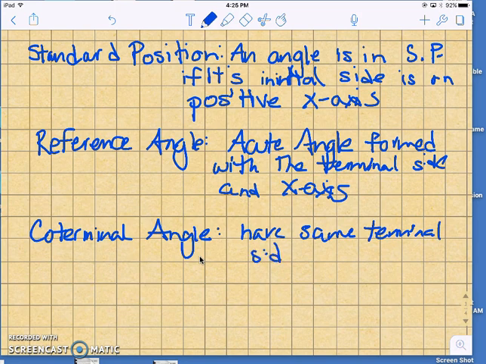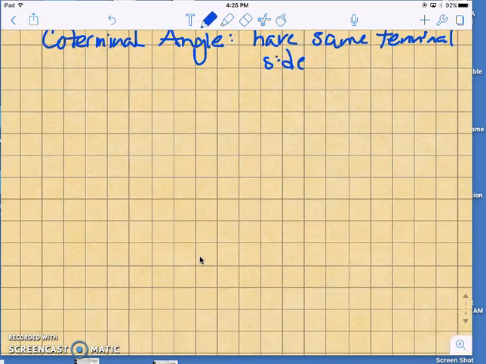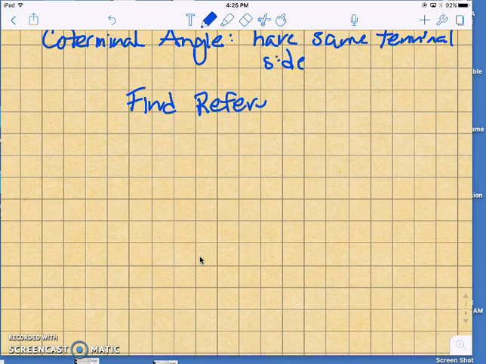So we're going to take a look at these. Our first thing, if we were asked to find the reference angle, let's say we had to find 123 degrees.